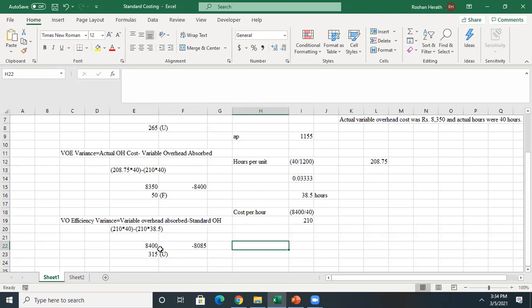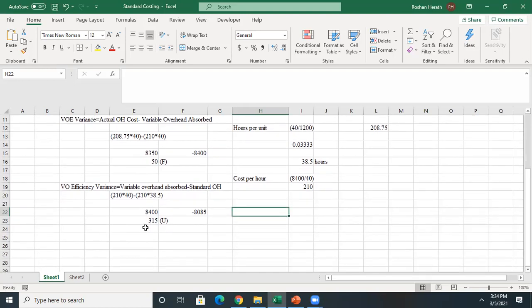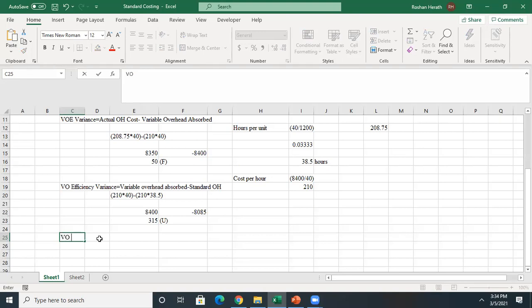So the efficiency is all about the minimum resources, the maximum result. So here you have used more resources. Hence it is unfavorable. Now you can see the variable overhead efficiency variance. First you take the variable overhead expenditure variance. How much is that?